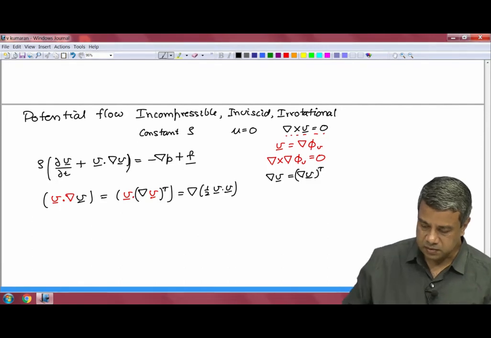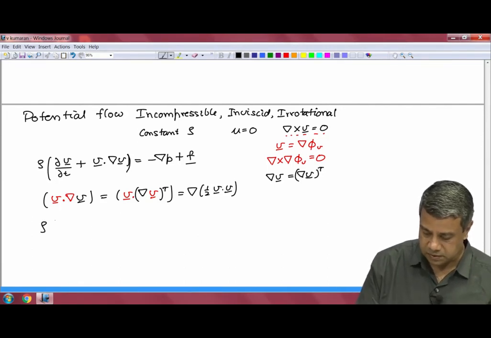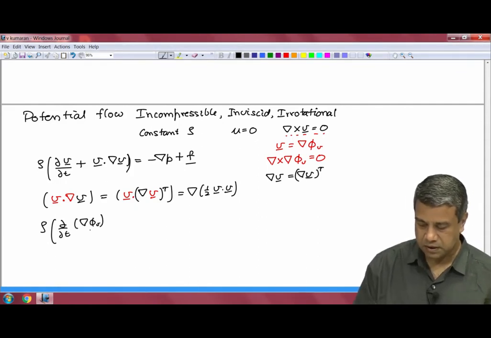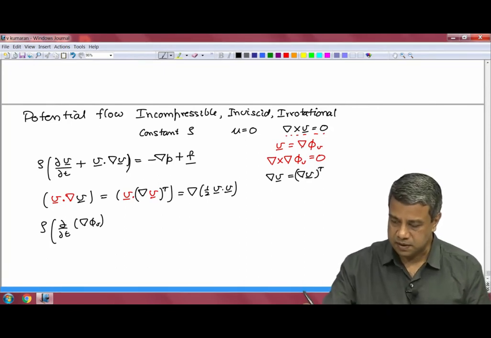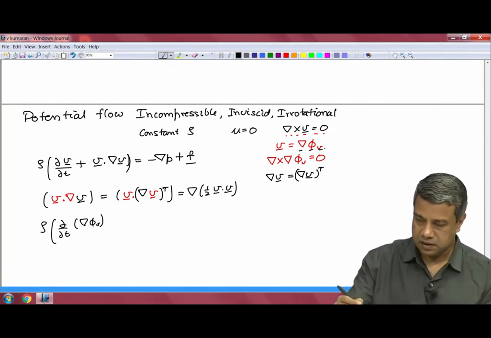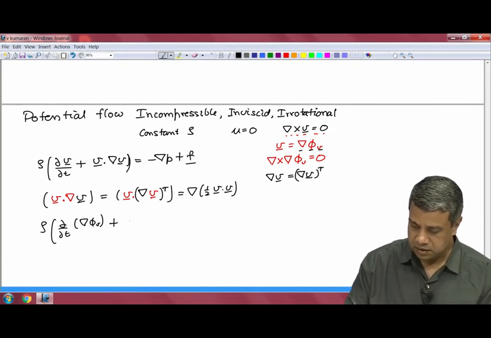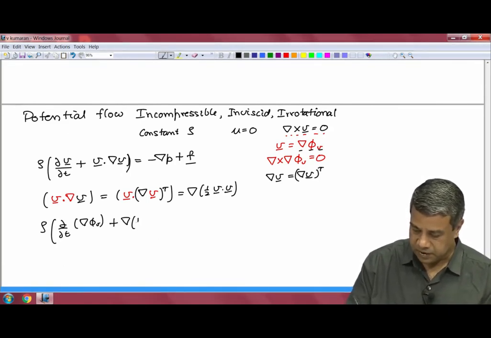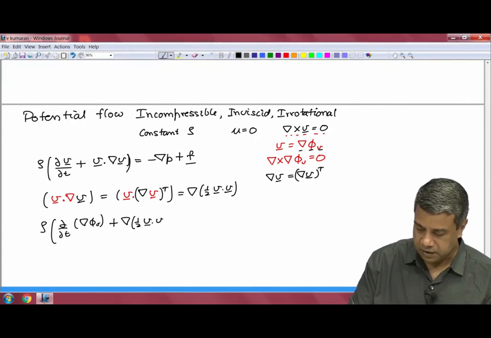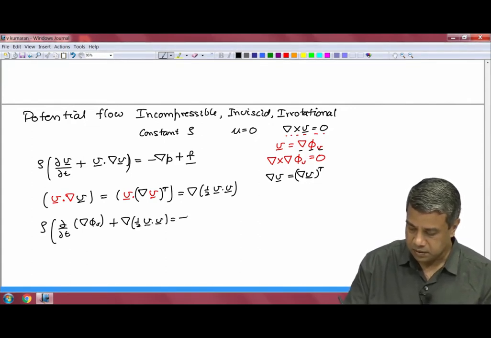So, in this case the momentum conservation equation becomes rho into partial by partial t of grad phi v, substituting this expression for the velocity, plus grad of half v dot v, is equal to minus grad p plus f.